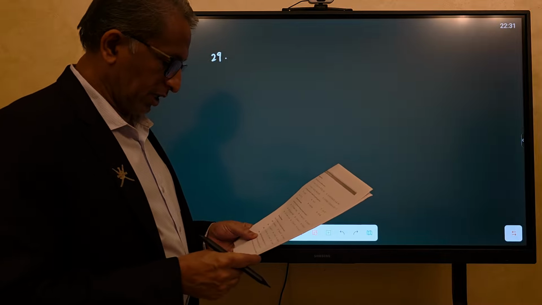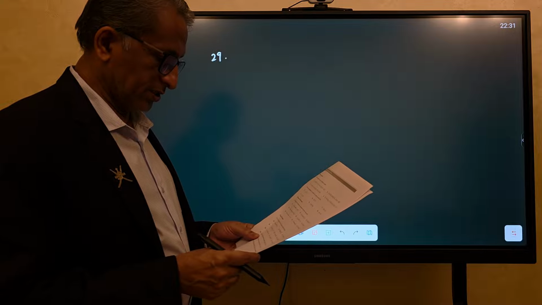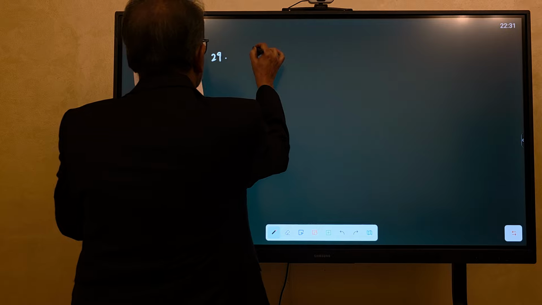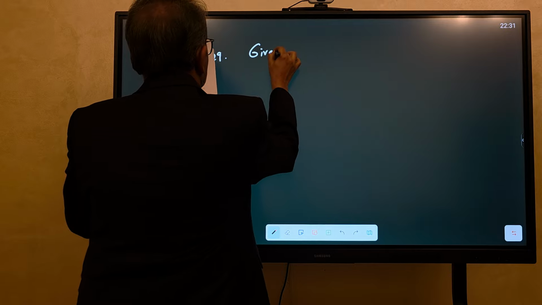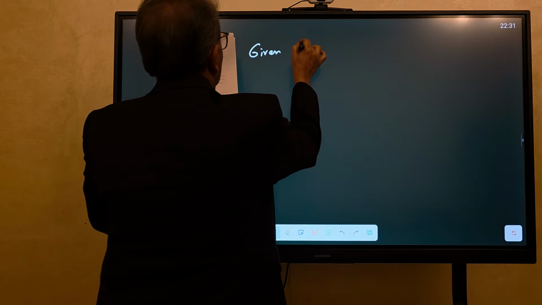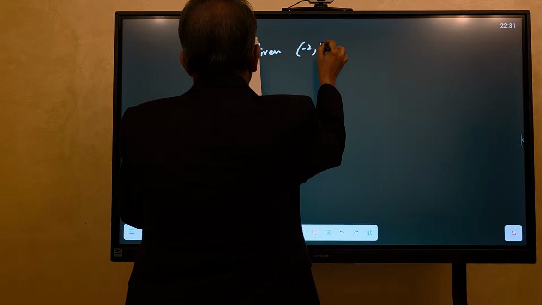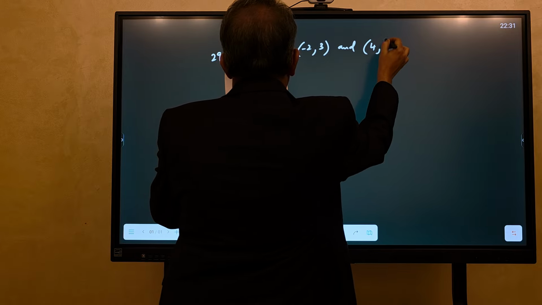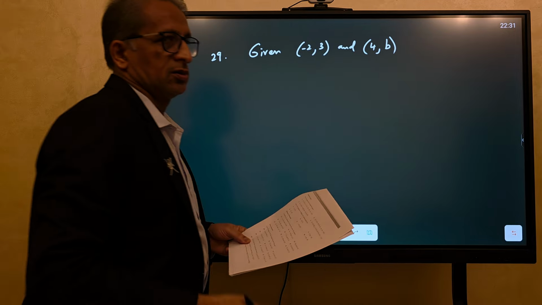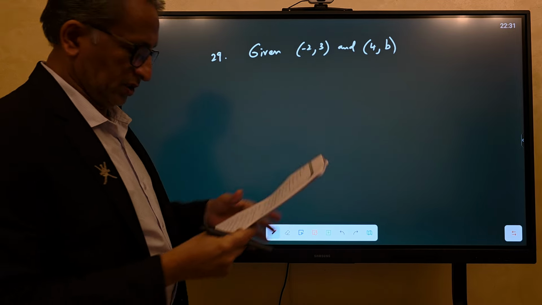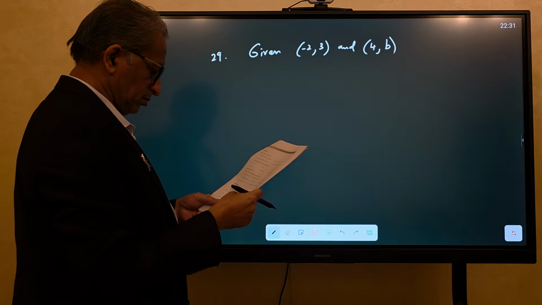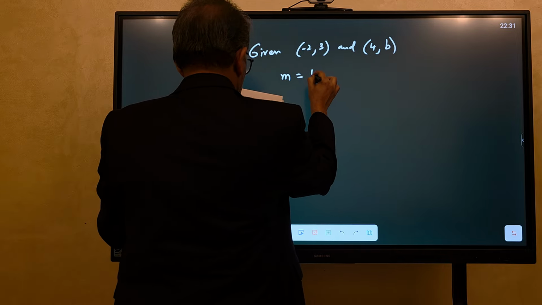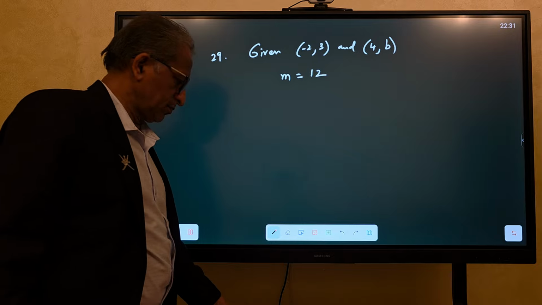Find b if the slope of the line passing through (-2, 3) and (4, b) is 12. You see what is given here. First of all, you are given 2 points, (-2, 3) and (4, b). The slope is also given, which is equal to 12.